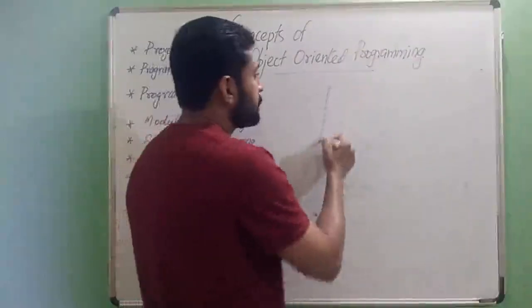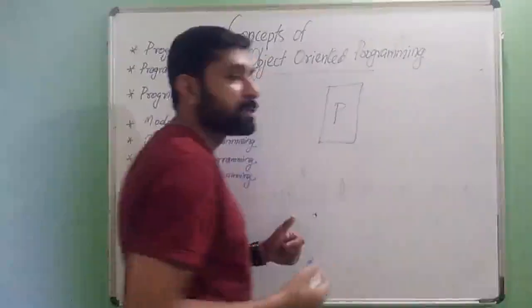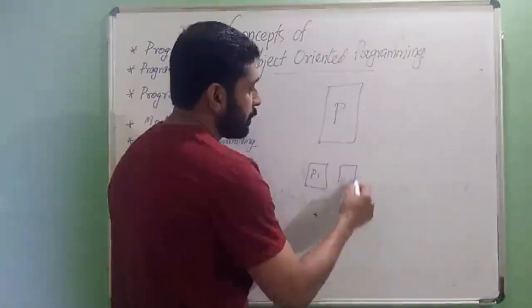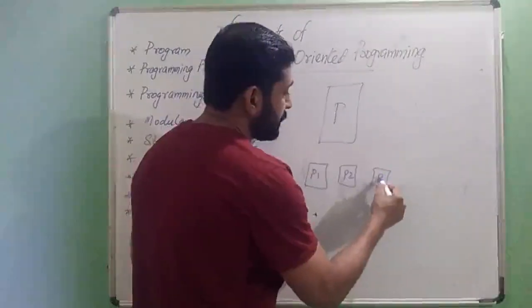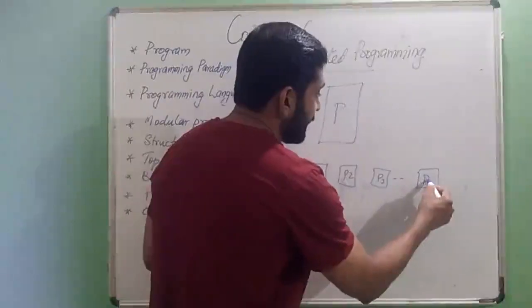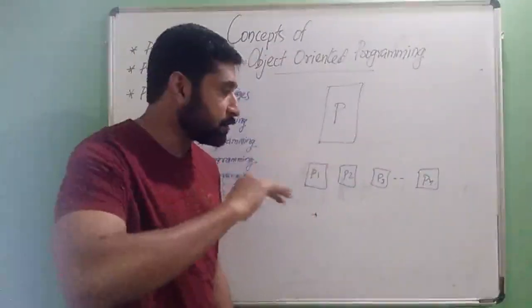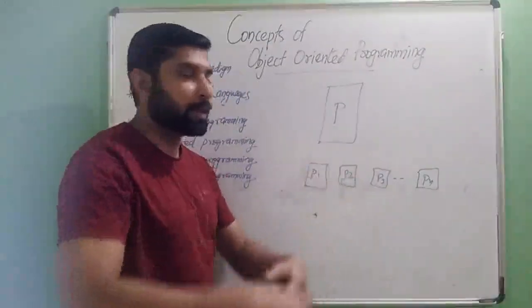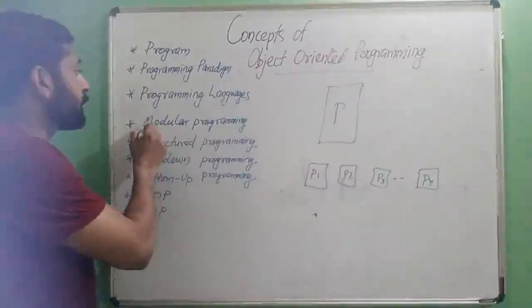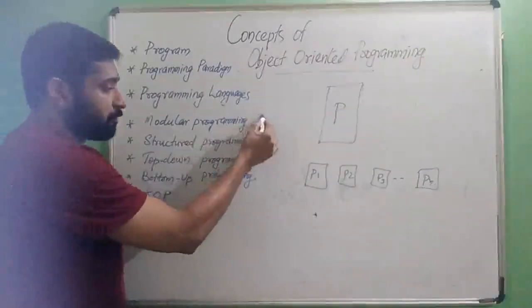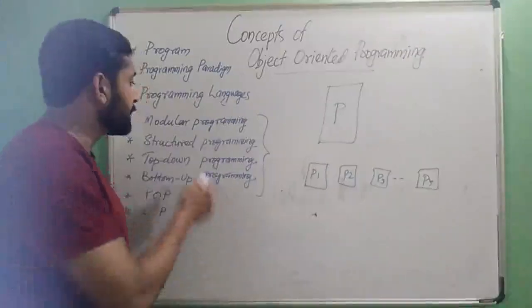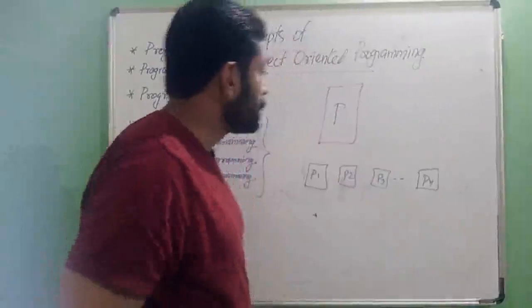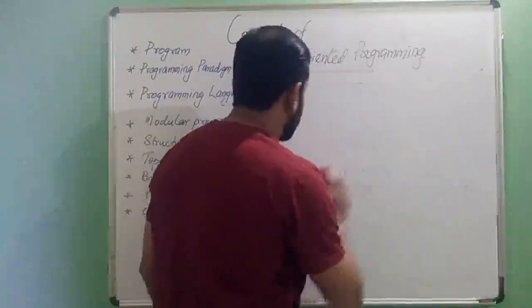If a big problem is to be solved, we divide it into P1, P2, P3, etc., Pn. It is divided into different programming modules, and these are separately solved and then combined together. So in the modular approach, we are dividing the larger problem into different modules and solving.